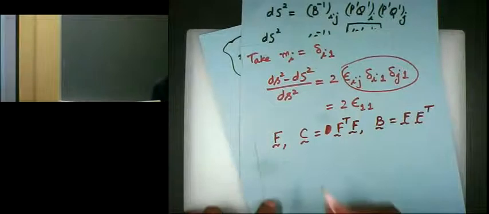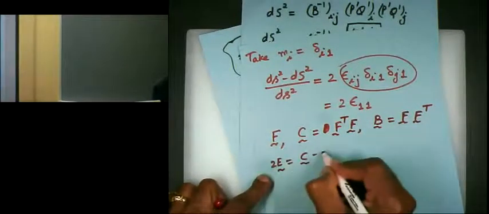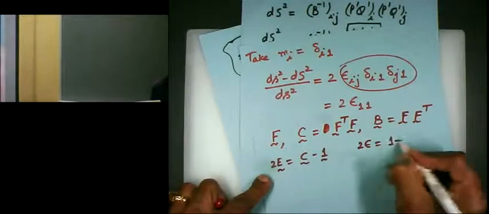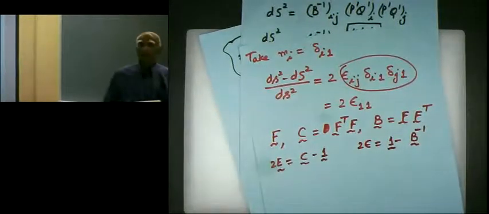E, so we said 2E is C minus identity. Twice epsilon is 1 minus B inverse. So we have 5 different ways to define the same quantity, strain. All of them are related.